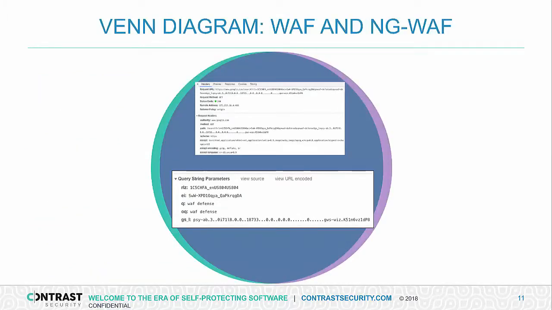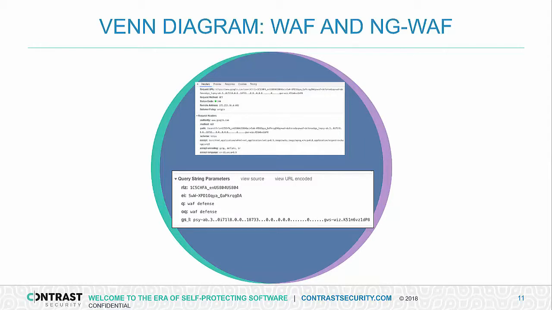Now, a Venn diagram, when we look and we compare the first two, of a WAF and a next generation WAF, those two are strikingly similar. And the reason is that they both operate on the network data that comes through. So they essentially see the exact same things, they just might use it a little bit differently.